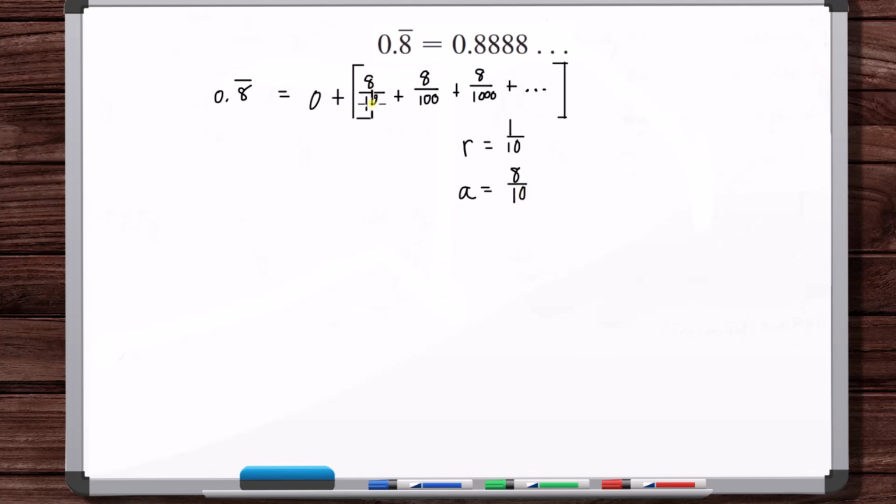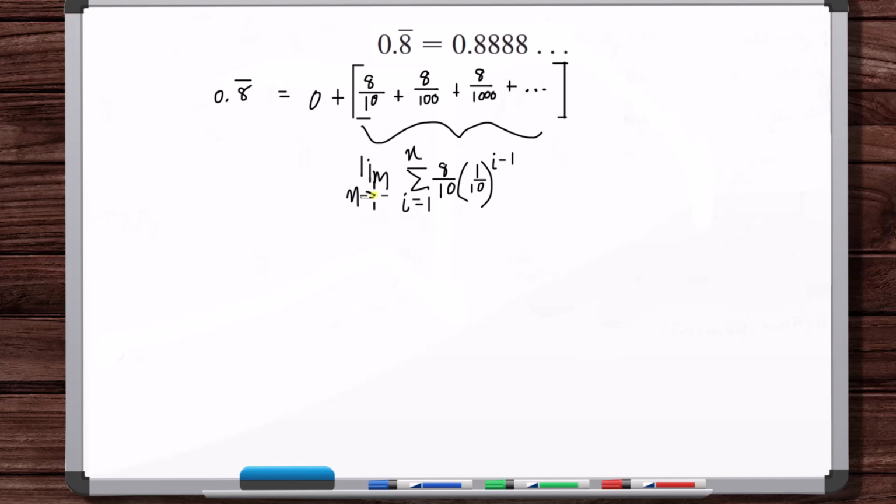Then we multiply 8/10 times 1/10, then 8/100 by 1/10, etc. So this is the limit as n goes to infinity of the sum from i equal to 1 to n of the first term times the common ratio to the i minus 1. That's exactly what this is.